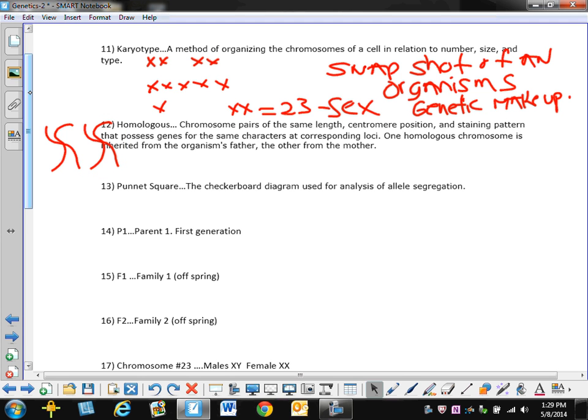And what they will do on the test is sometimes they'll put like this, and they'll say, are those two the same? And even though they have the same structure, look at the gene placement. They are not the same. They have to be exactly the same.